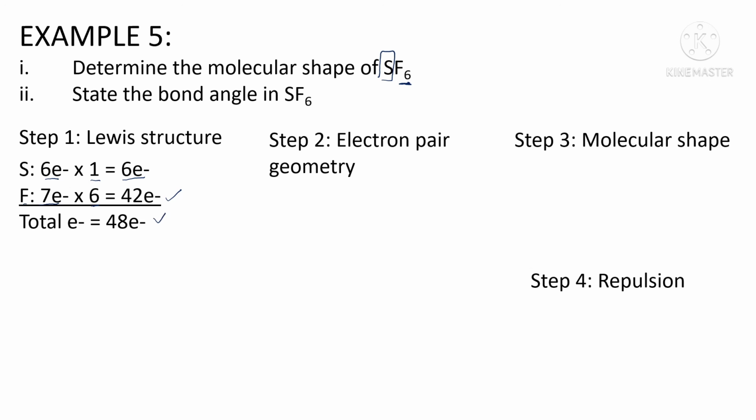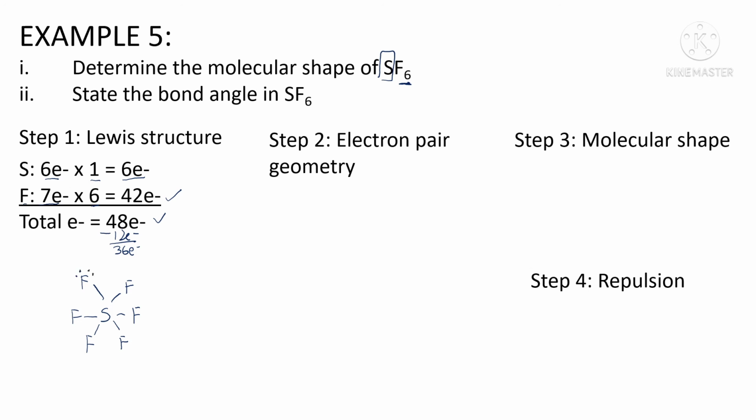Then we draw the skeletal structure of SF6. So sulfur, being less electronegative, is the central atom. By drawing the skeletal structure, I have drawn 12 electrons, so 36 electrons left. Then I need to put electrons on the terminal atoms fluorine to make them octet.